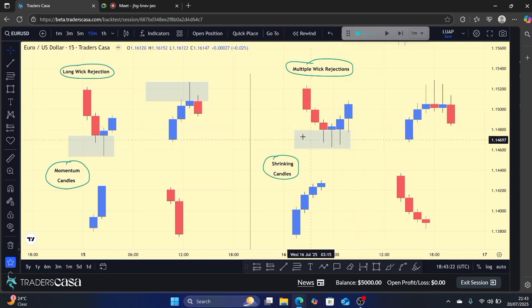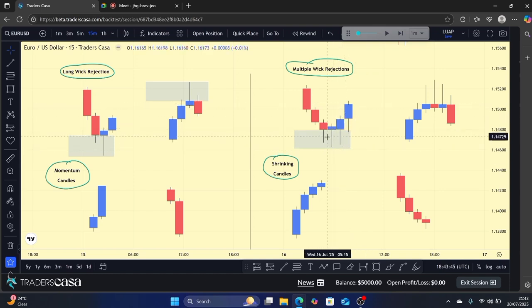So this means that the fight between the buyers and sellers was very intense in this case, but then the buyers won. These multiple rejections signified the selling momentum, that price was interested in pushing down, but the buyers' strength outweighed the sellers, and you can see price ultimately made this move.